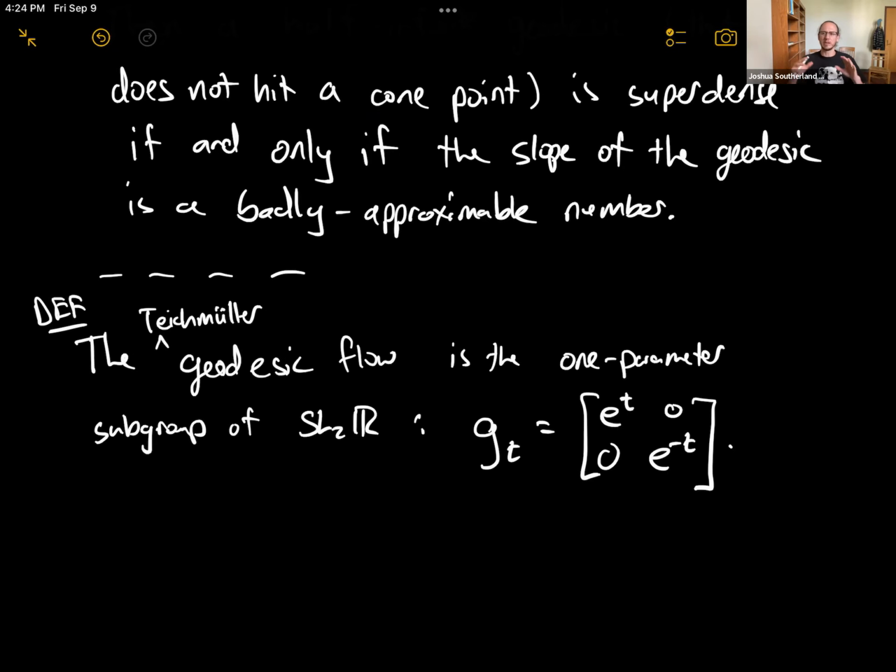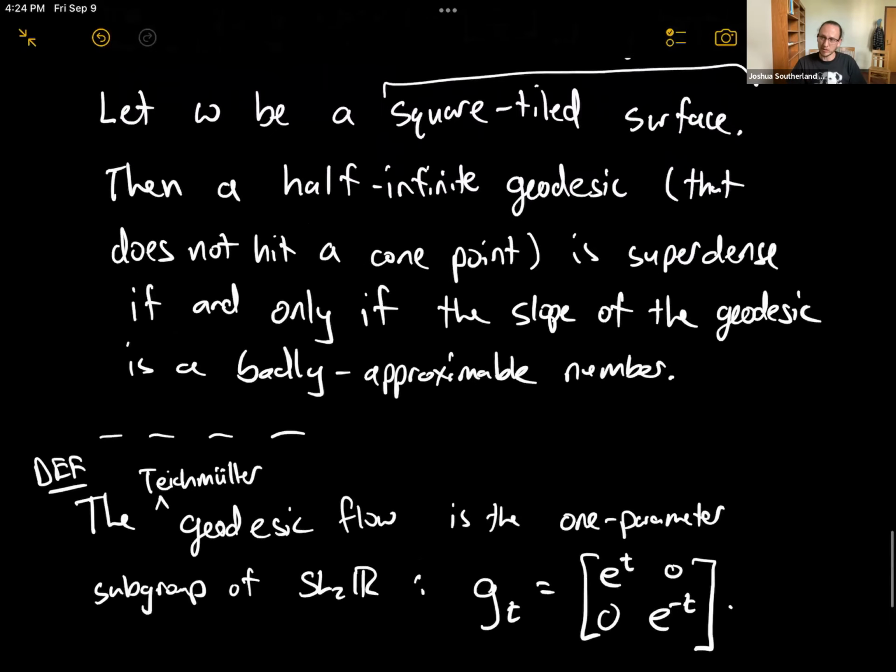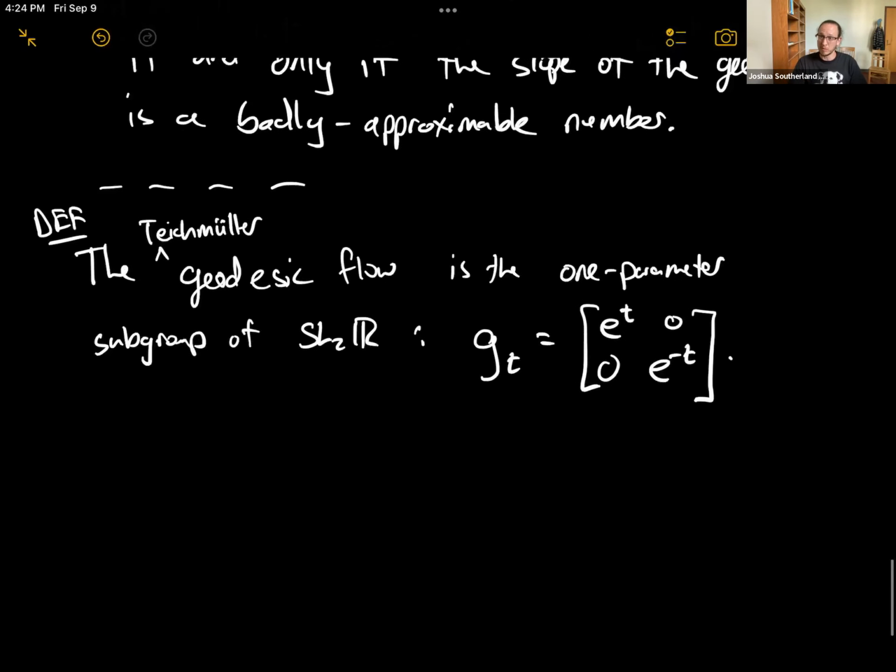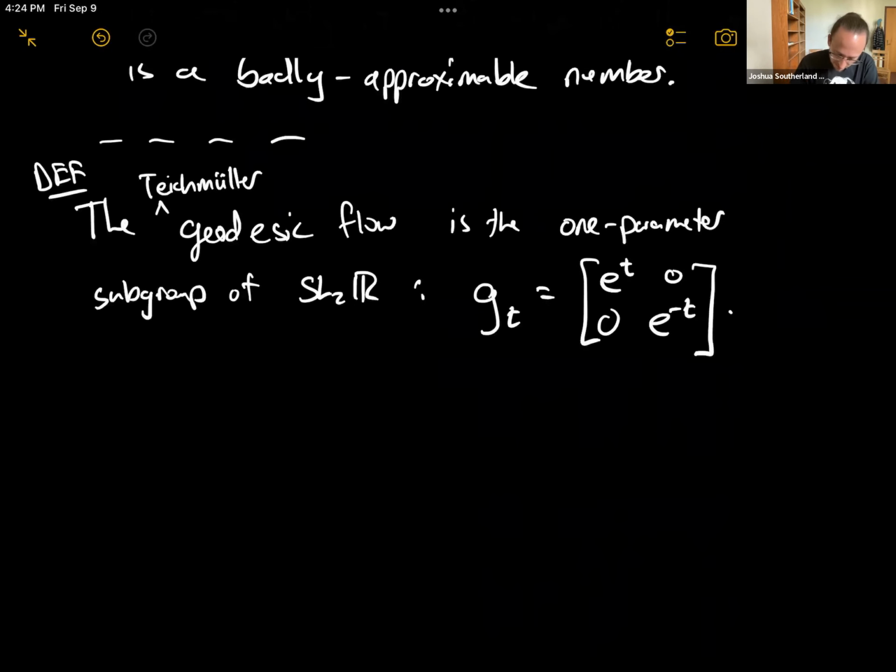That motivates the idea of, well, if we look at the moduli space, do we see more bounded geodesics for things other than tori, maybe square-tiled surfaces, maybe more than that. I don't have a complete answer for you, but the theorem that I will state is reminiscent of something like Mazur's criterion, if you know what that is.